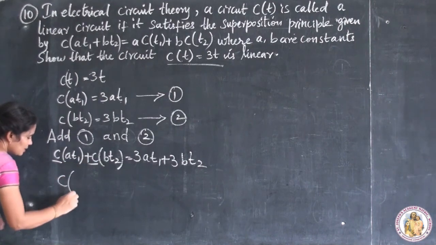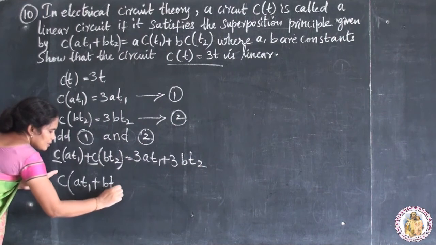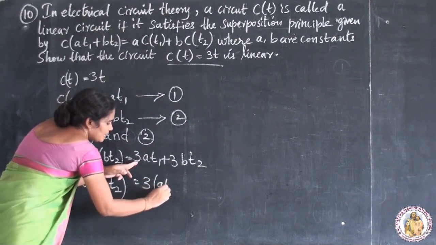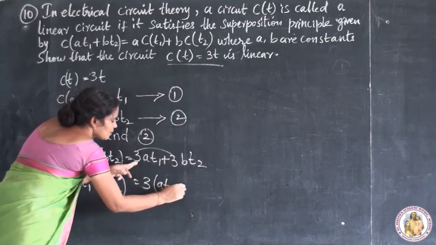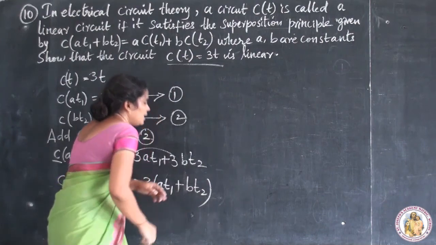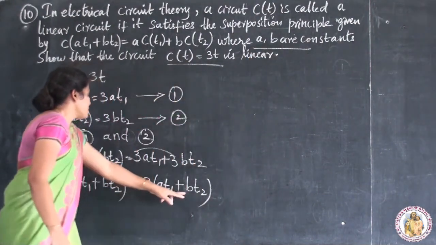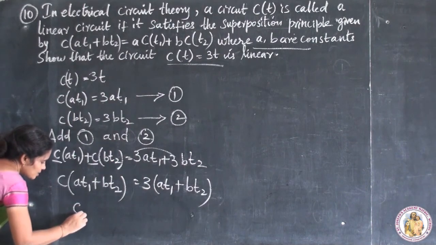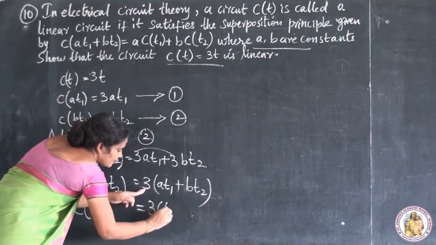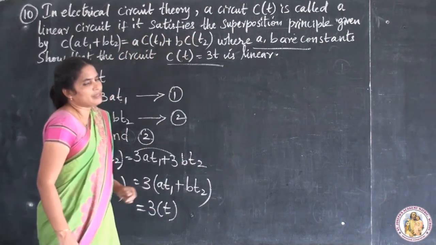Considering 3 is common, here C of at1 plus bt2 is equal to 3 times at1 plus bt2. It is given that a, b are constants. When a, b are constants, leaving a and b, C of t is equal to 3 of t. Hence, it satisfies the superposition principle.